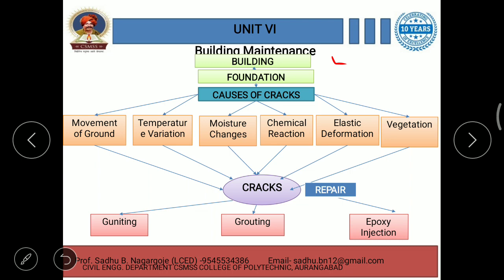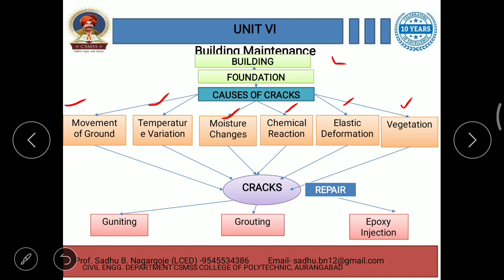Okay, there are these six types of cracks. First, movement of ground, then temperature variation, then moisture changes, chemical reaction, elastic deformation, vegetation. These are some basic causes of cracks.